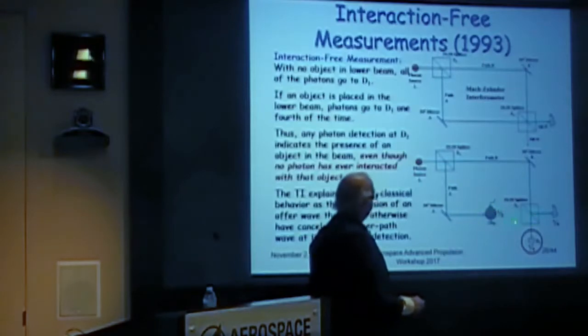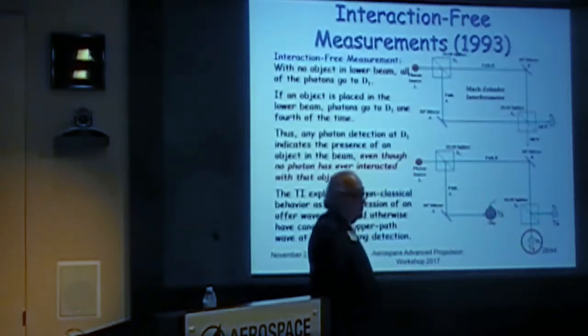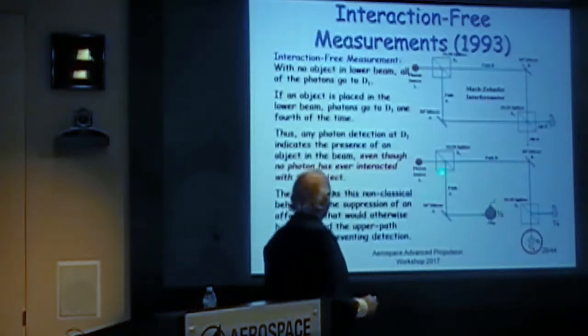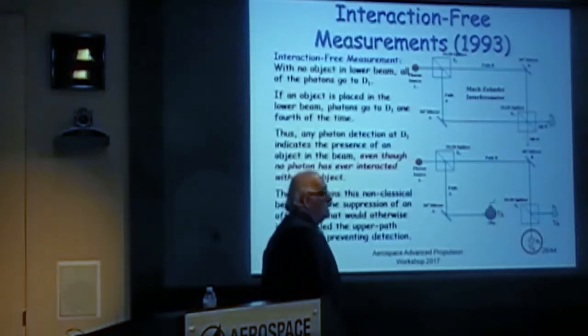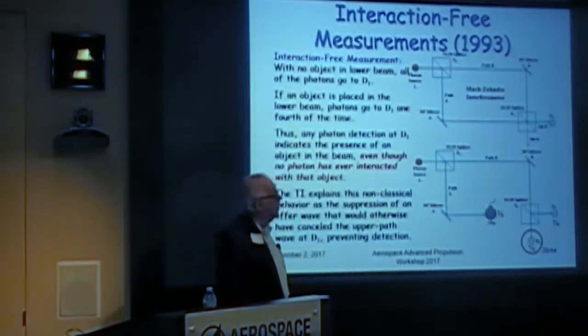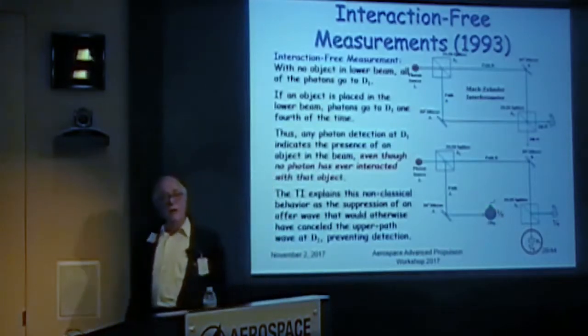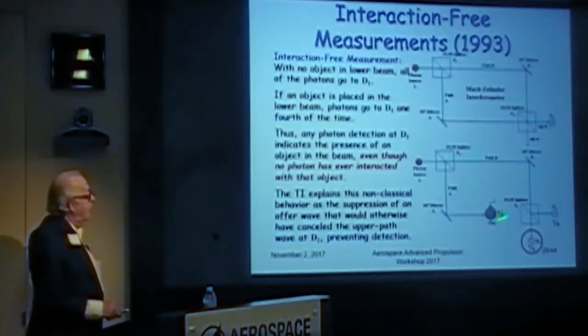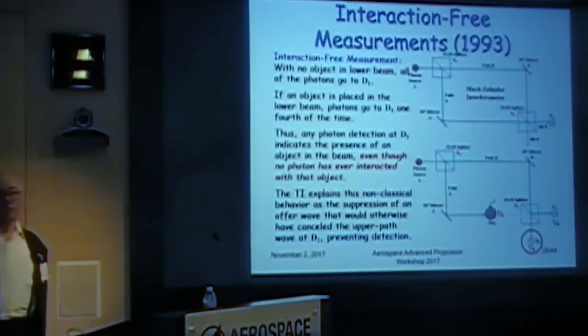It can't go any further, and so there's no cancellation, and therefore the thing goes through. So it's not that this thing has been touched by a photon. It's been touched by an offer wave and blocked, and therefore makes this possible. So this is a non-classical way of getting non-classical knowledge about the presence or absence of a system here, and the transactional interpretation has an easy way of explaining it.